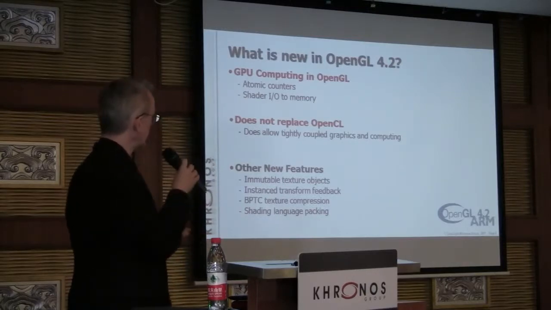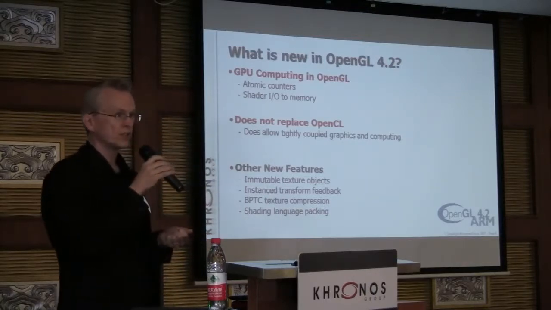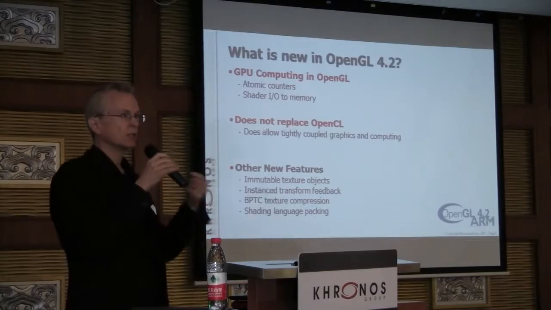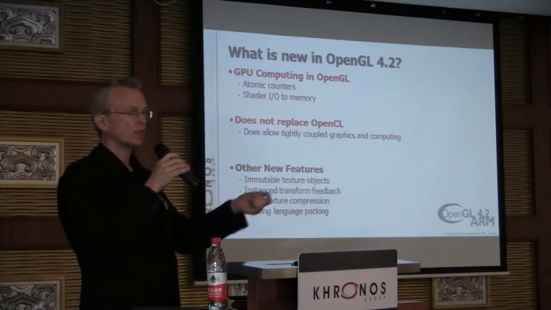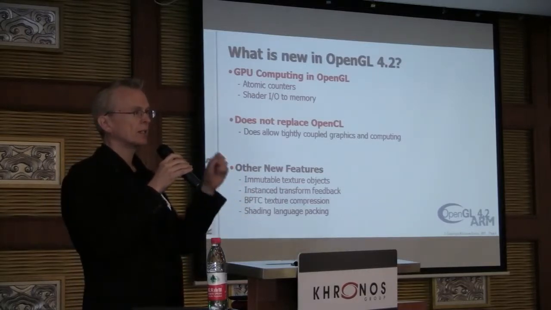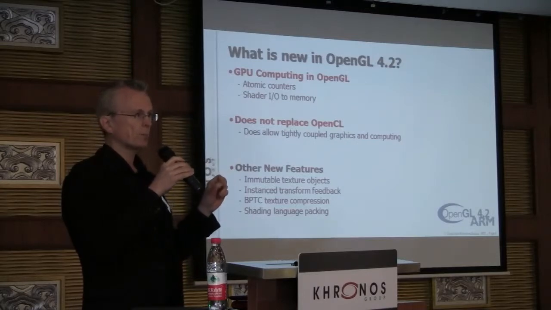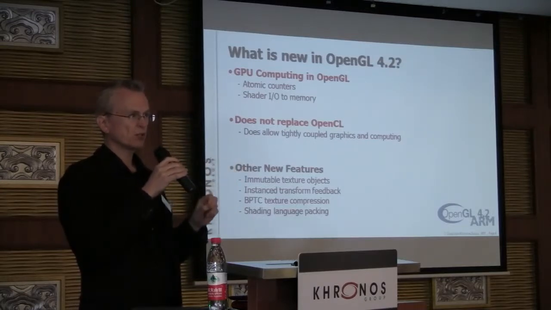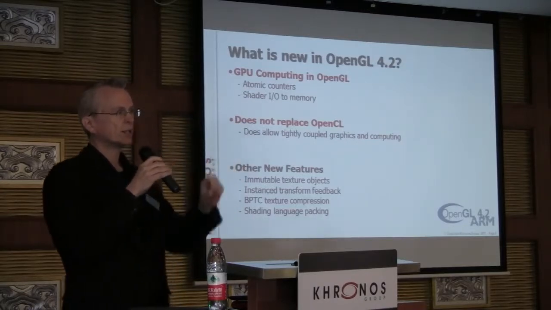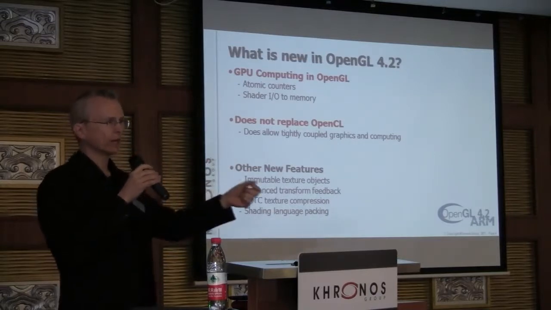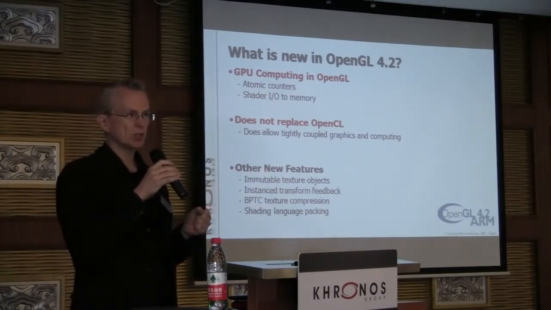There are many. One of the more interesting is immutable texture objects. These are textures where the size of the texture and the format is frozen at creation time. So this limits the application's freedom, but it's very useful because it means that the graphics driver can be much more efficient.